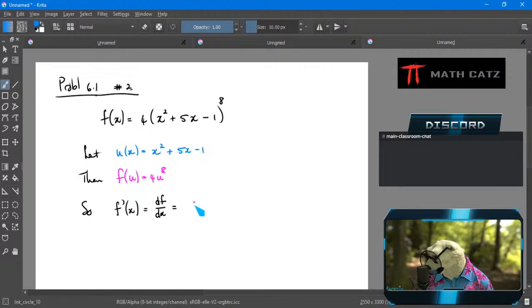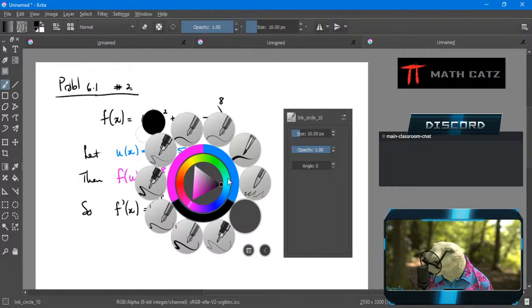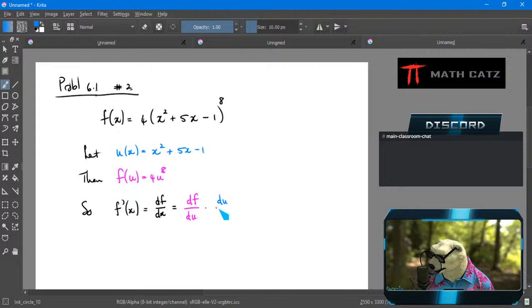So now the outside function comes first in the setup of the chain rule. When I deconstruct the composition, the inside function, for me, comes first. So it's the derivative of my function with respect to this temporary inside function as a variable that I call u, times the derivative of the inside function, which is, of course, in terms of x.